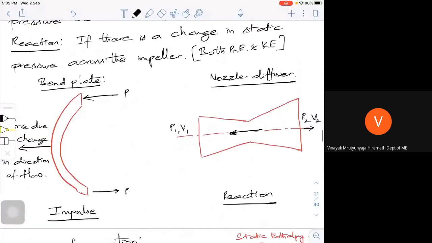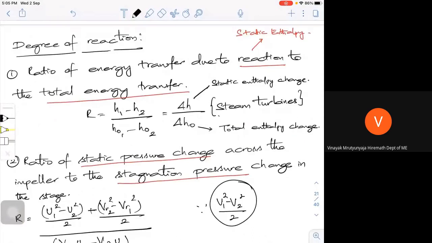But now, the next component, what we are supposed to discuss will be, what do you mean by degree of reaction? See, as I told, we do have the static component of the energy. That means, what are the static components of energy we derived? It is the centrifugal energy and your relative component of energy.